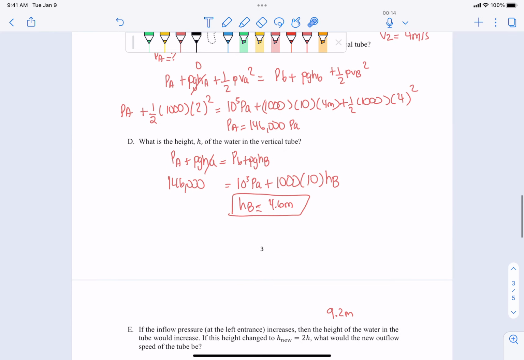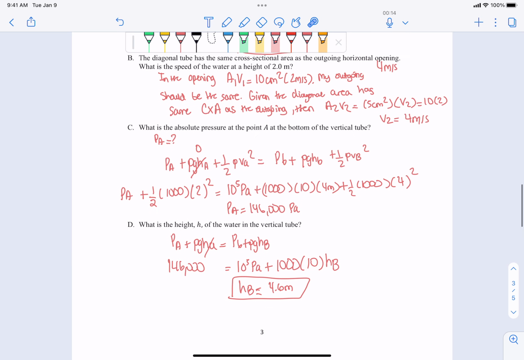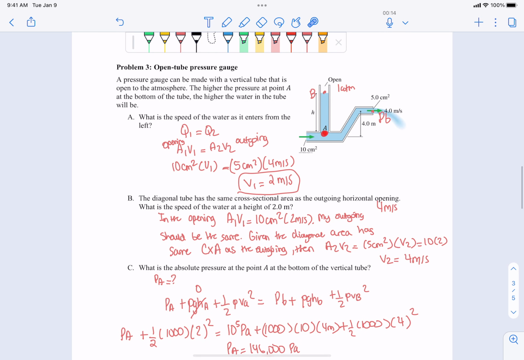Because if you think about this equation again, if we solve for the new pressure at A, because the inflow pressure increases, the height is increased. Well, I want to figure out now what the new pressure at point A would be.